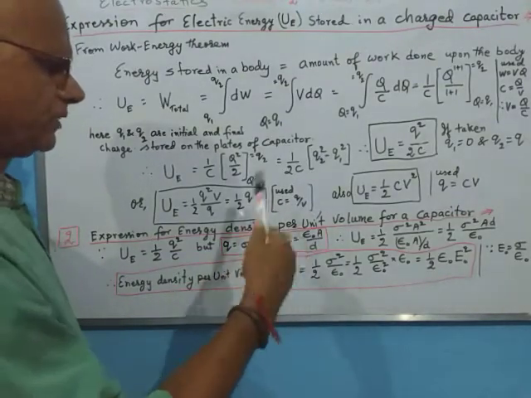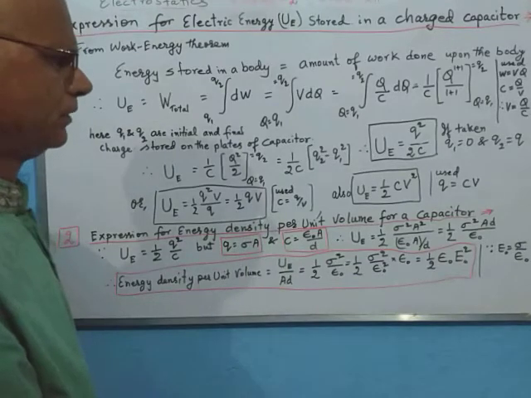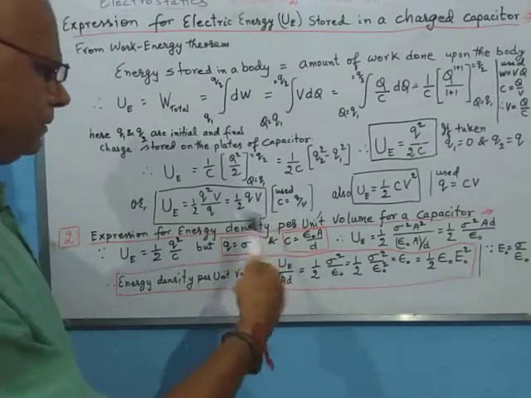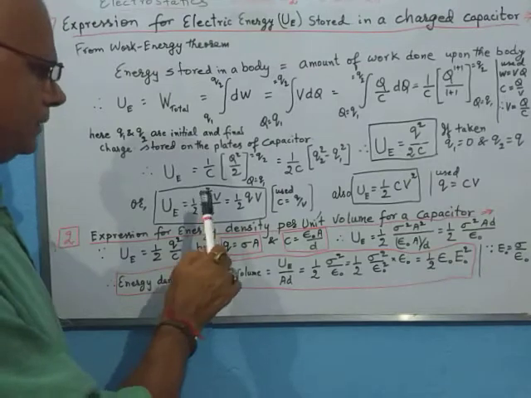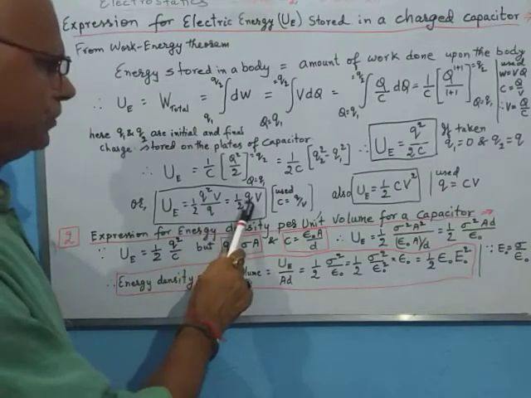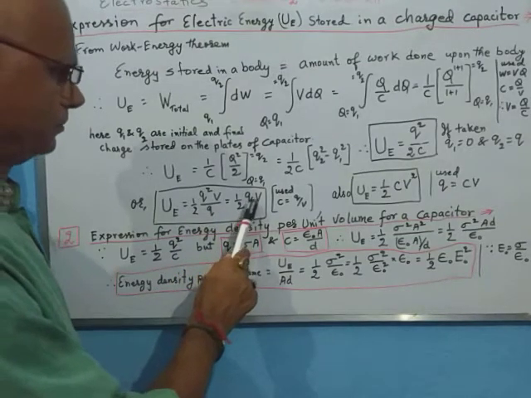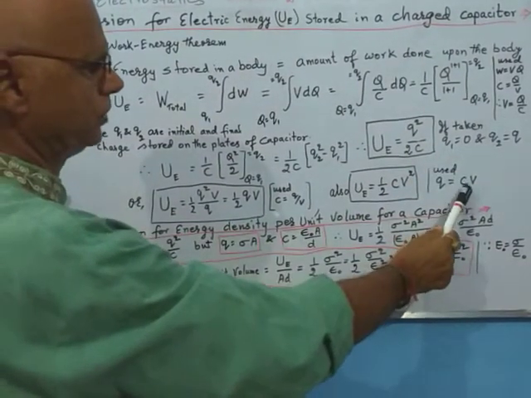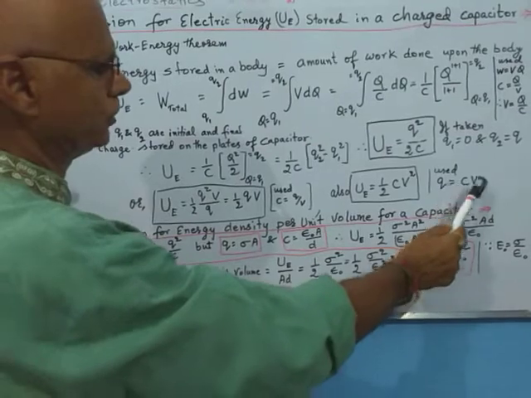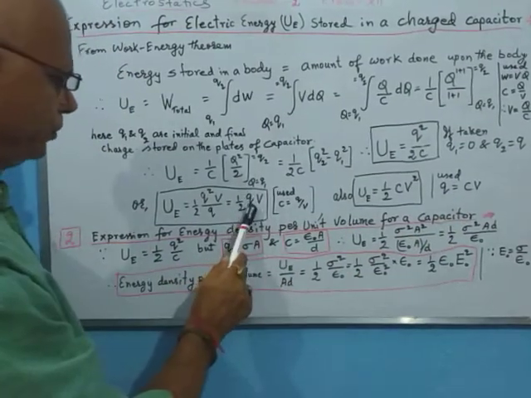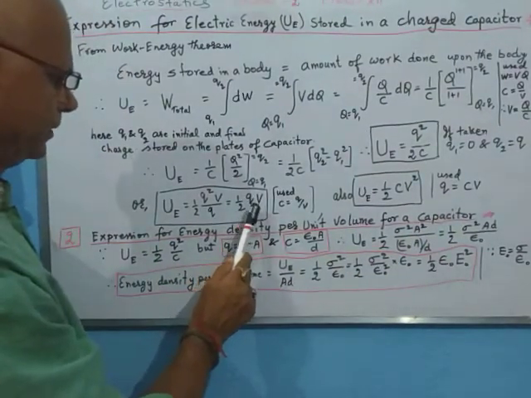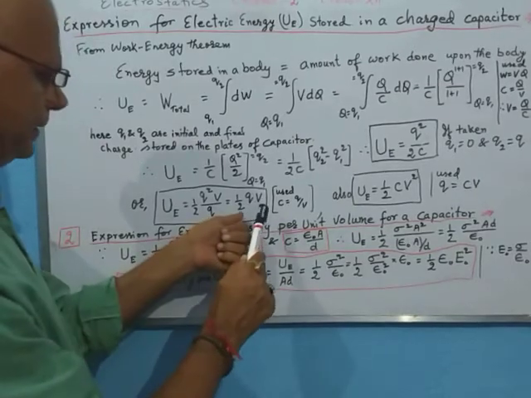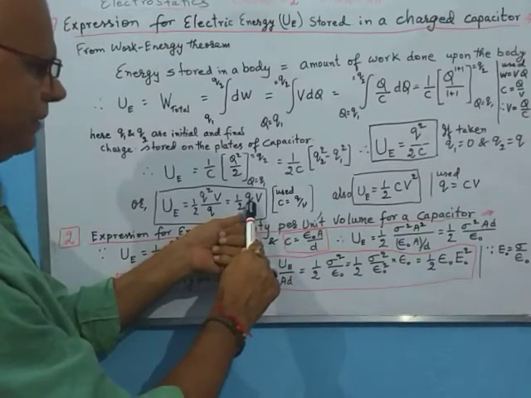And yet another format can be obtained by simply substituting the Q value by CV. Since C is equal to Q by V, therefore Q is equal to CV. So in half Q V, for Q we write CV.